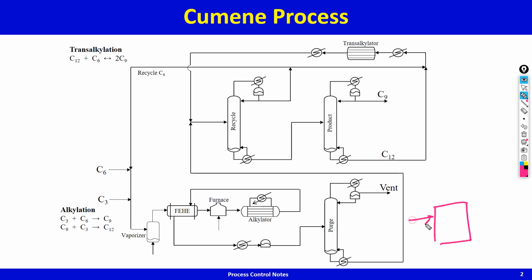You take C6, you take C3, and you take out C9, and you take out C3s. No C12 leaves the process. The C12 that's generated in the alkylator is recycled to extinction in the transalkylator. So I hope that's clear. And now the idea is we want to design a plant wide control system for this process.